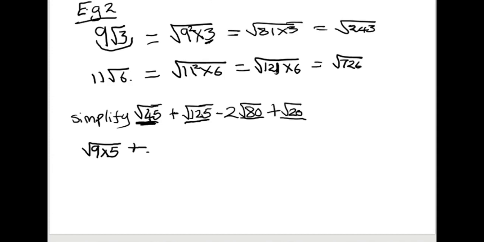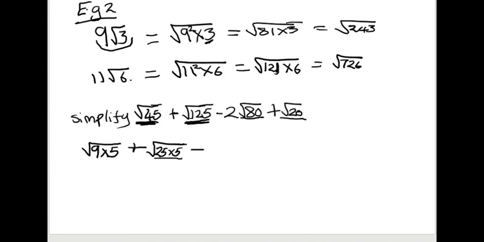Okay, root, what are the highest common factors of 125, that when multiplied will give us 125? That's 25 times 5. These are the highest common factors of 125 that when we multiply them, we have 125.